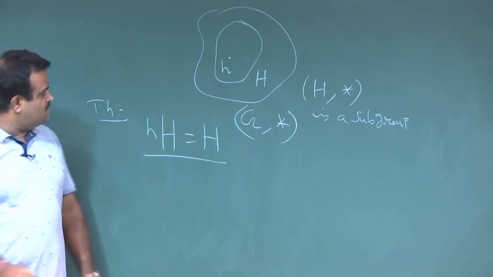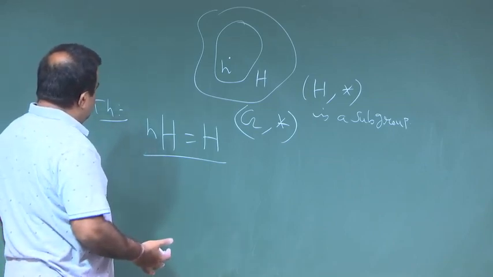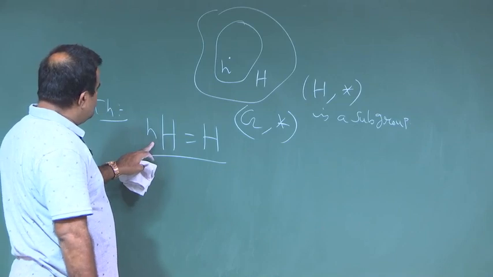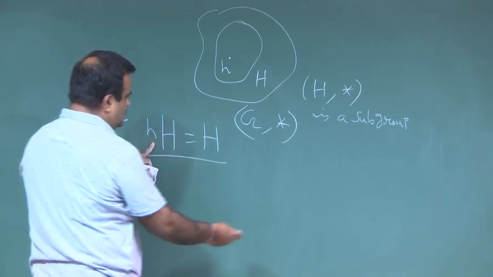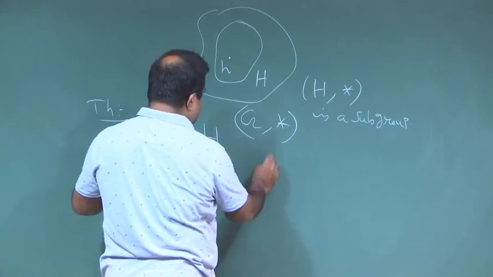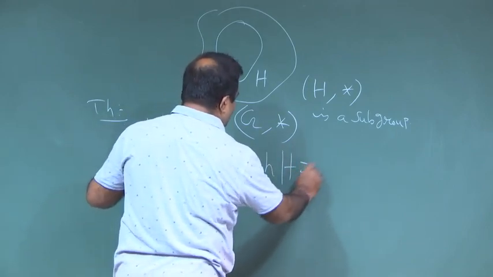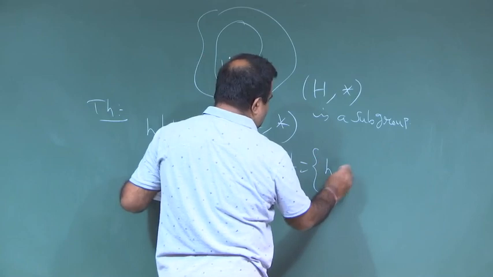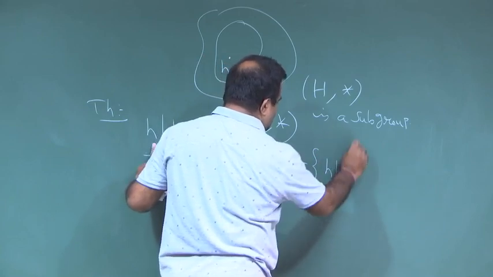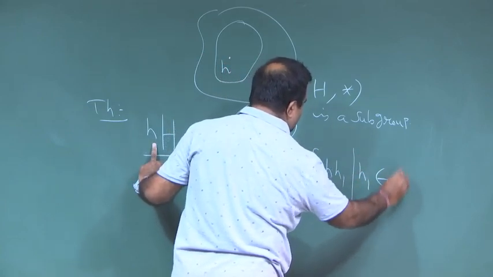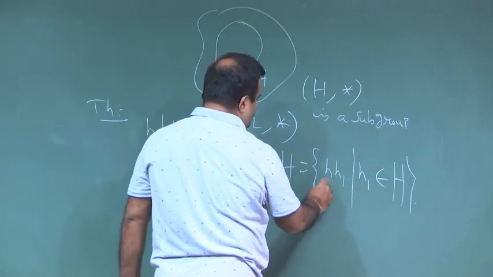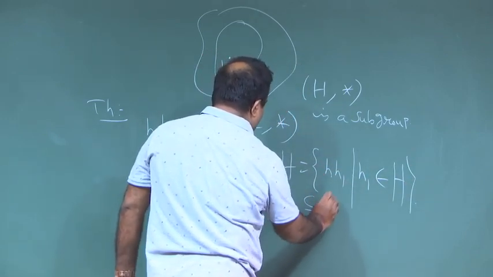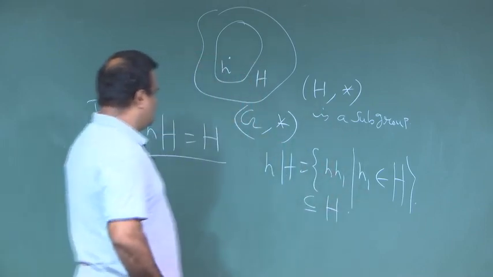To show that, we basically need to show that AH is a subset of H, and H is a subset of AH. The first is no doubt, because AH is defined as ah1, where h1 is coming from H, and H is a subgroup, so this also belongs to H. So, this is a subset of this.